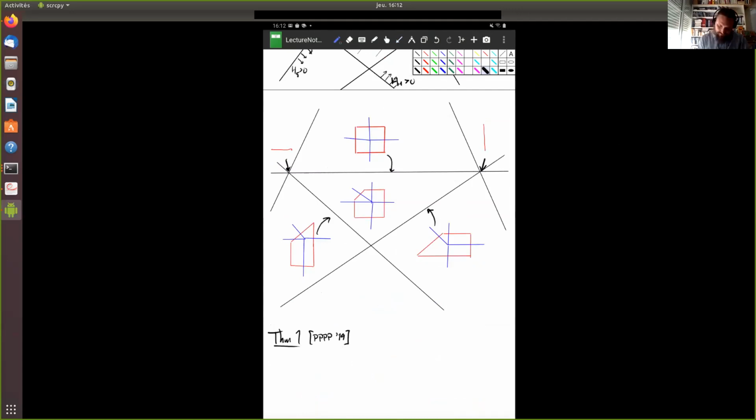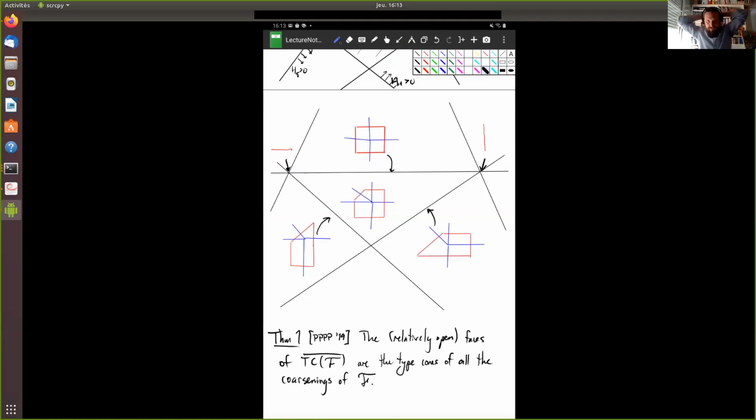The relatively open faces of the closure of the type cone are the type cones of all the coarsenings of F. So that's the first general result.